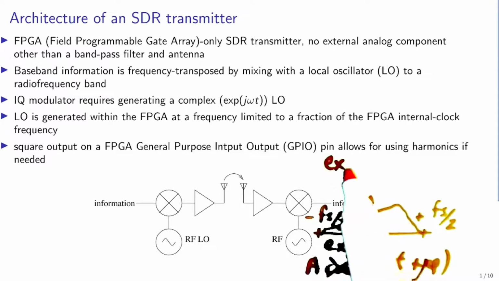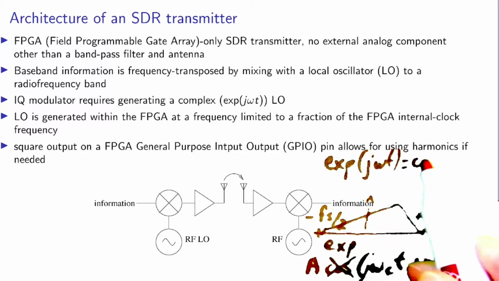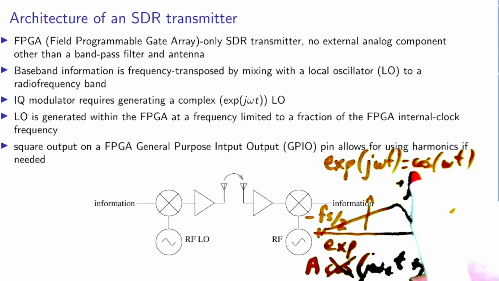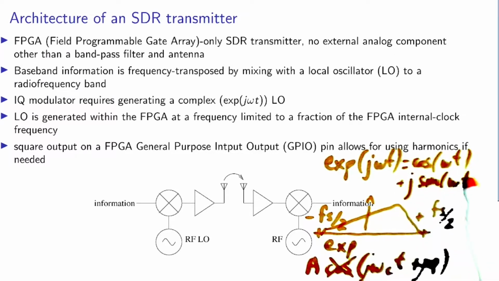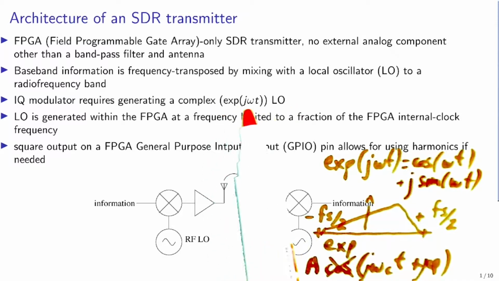So exponential of j omega t is equal to cosine of omega t plus an imaginary part j sine of omega t, and this real and imaginary part will naturally express the kind of signal that is going to be transmitted using software-defined radio. So in our implementation, we will create a complex number, exponential of j omega t, the local oscillator, and this is the quantity that will be generated by the FPGA.